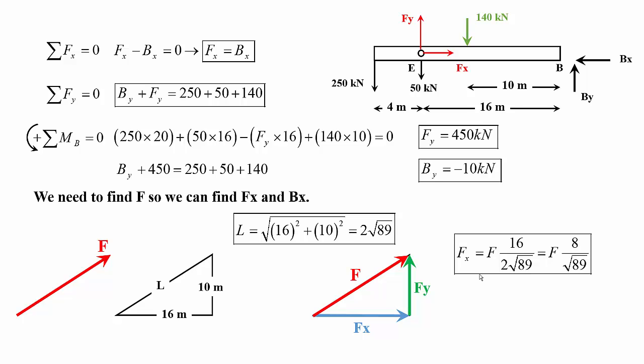Using the same logic, if I know theta, for Fy I will use the sine of theta, or in other words, Fy equals F sine theta. What is sine theta? Sine theta is nothing but 10 over L, right? So Fy equals F multiplied by 10 over 2 square root of 89, and that equals F multiplied by 5 over the square root of 89.